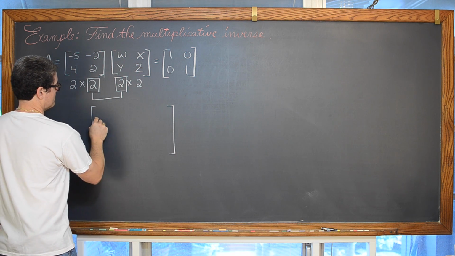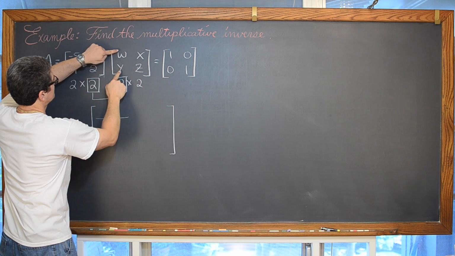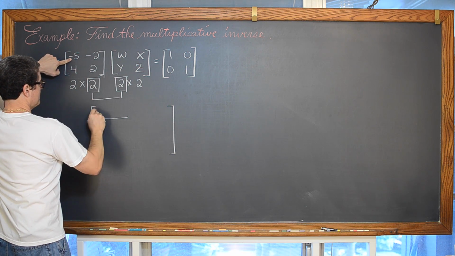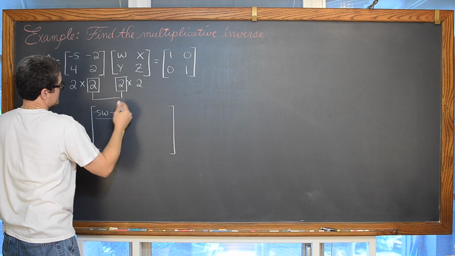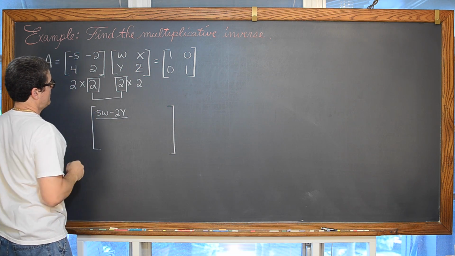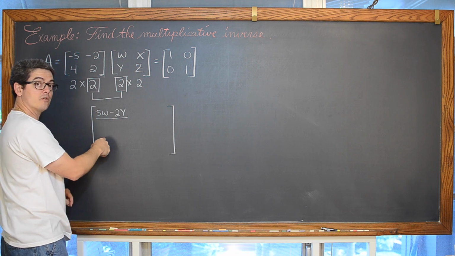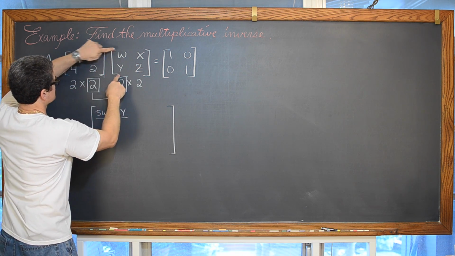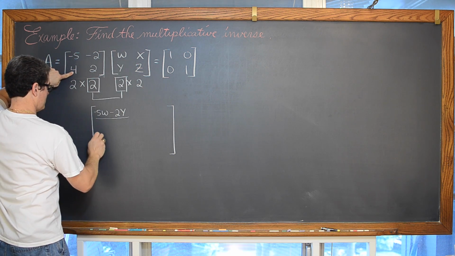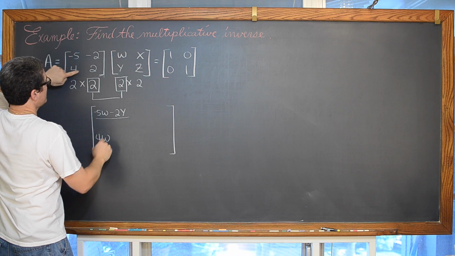Okay, so the first row, first column: negative 5w plus a negative 2y. Now the second row, first column: 4w and 2y.